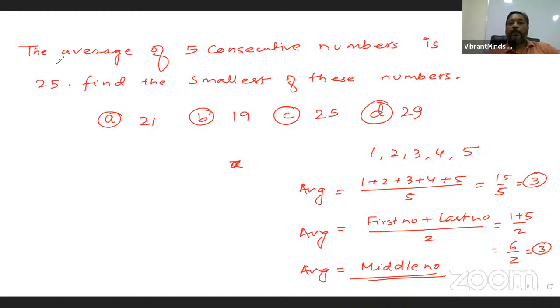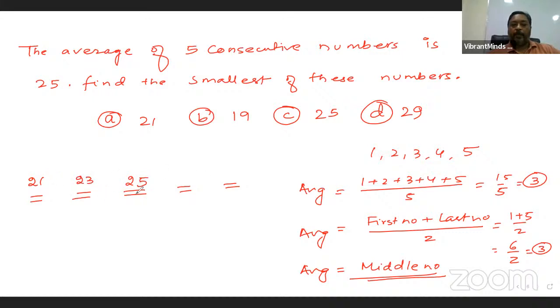So please see here, the average of 5 consecutive numbers is 25. Can I say this is my middle number? We must have 2 numbers over here and 2 numbers over here. Let's start with 21. Can I say I can place 21 and then 23?